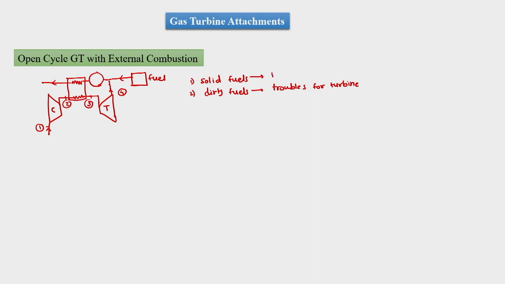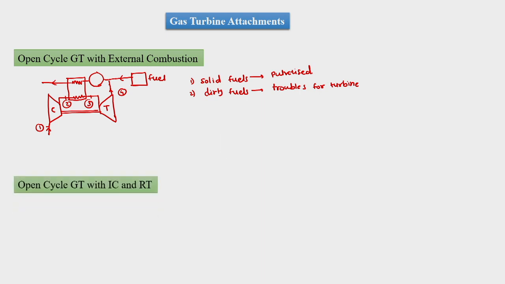Here we mean that we can use pulverized coal in the case of solid fuels, or other solid fuels in different formats, and this type of arrangement is suitable mainly for electricity generation kind of applications or prime mover kind of applications for the gas turbine power plant.